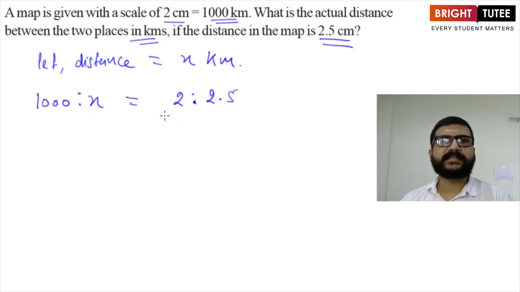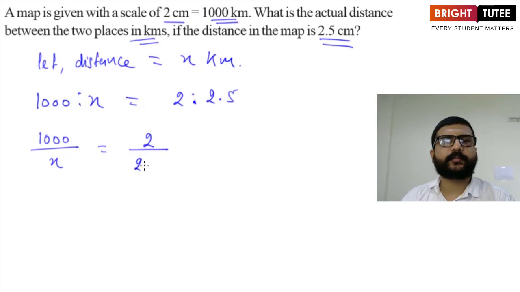Now from this equation, we can get the value of x. Let's see how we can get the value of x. So this is 1000 upon x is equal to 2 upon 2.5. Now how to get the value of x from here? So what we can do here is multiply both sides of the equation by the same number.